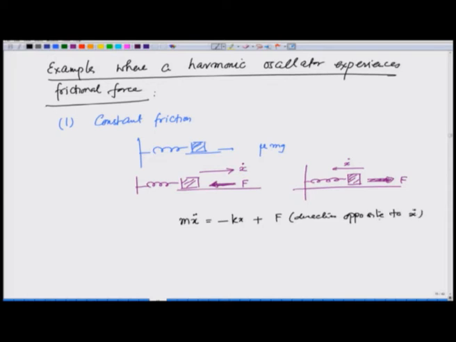So, if you want to be mathematically sophisticated, you would actually write it as F times minus x dot unit vector. Okay.